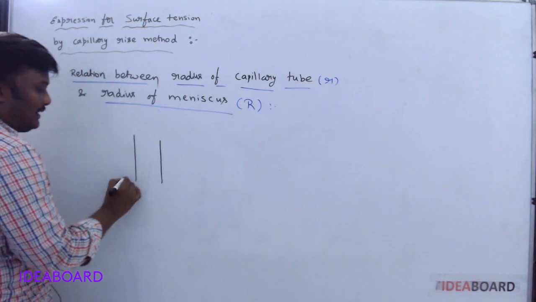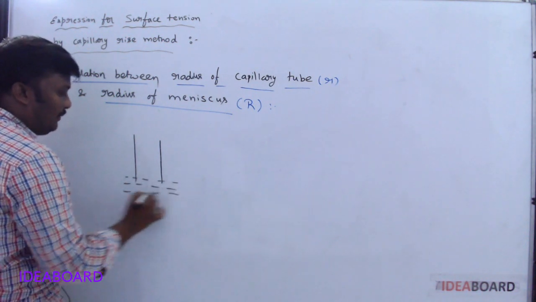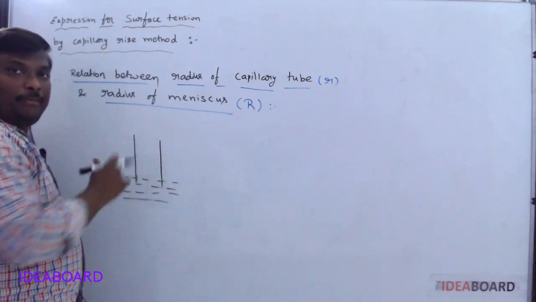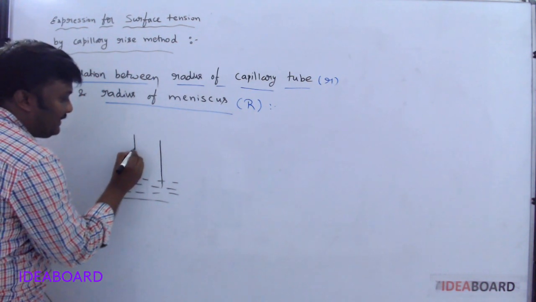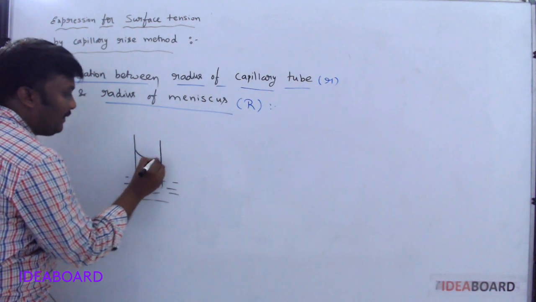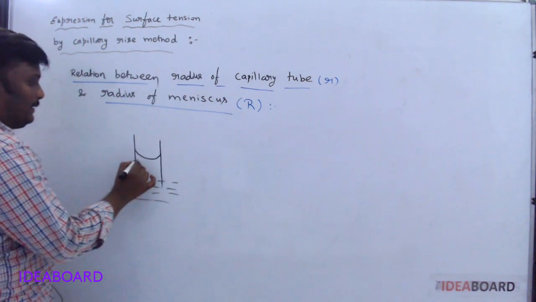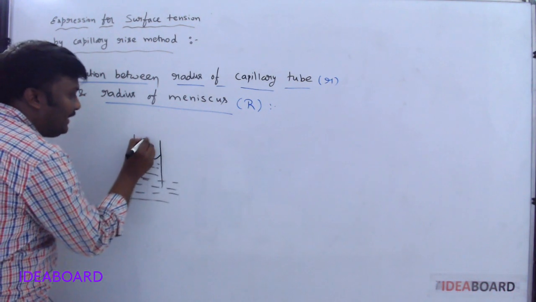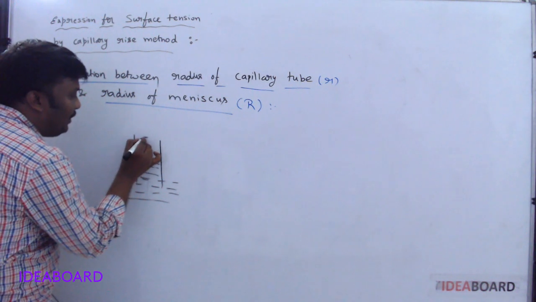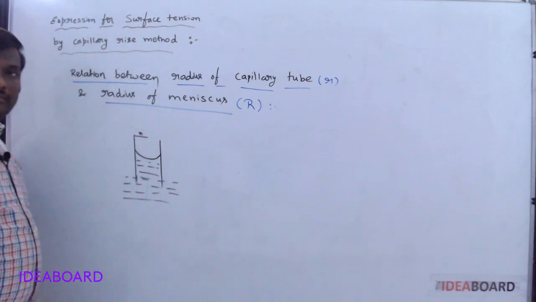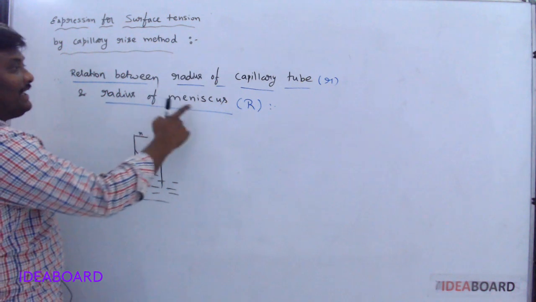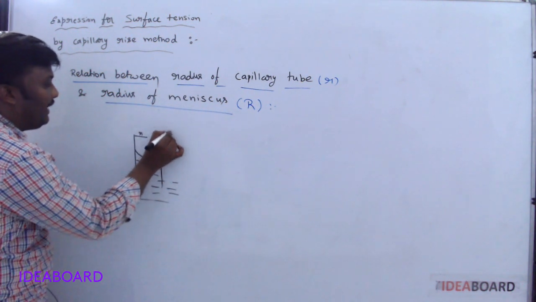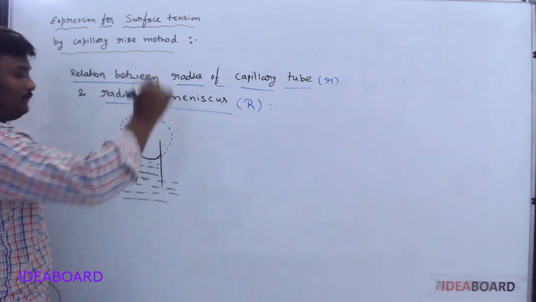Okay, suppose I consider some water, and within that water I place one glass capillary tube, and the shape of the meniscus is concave, as we said previously. Right? Now, what is the radius? The radius of the capillary tube means from here to here. This is the radius. Now, what is the radius of the meniscus? Radius of the meniscus means the meniscus is now imagined in the form of a sphere.